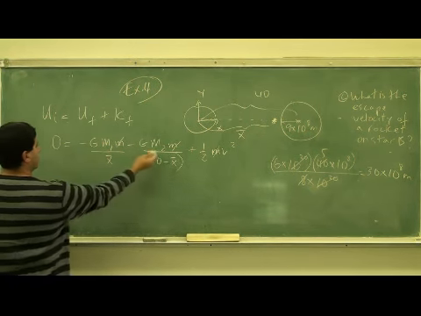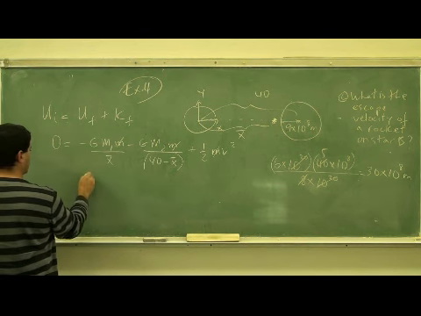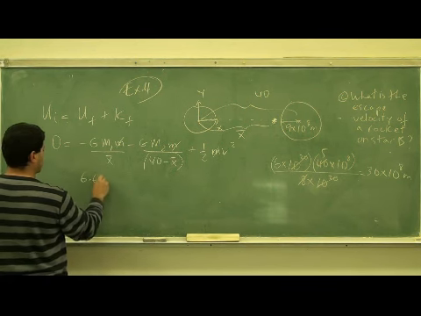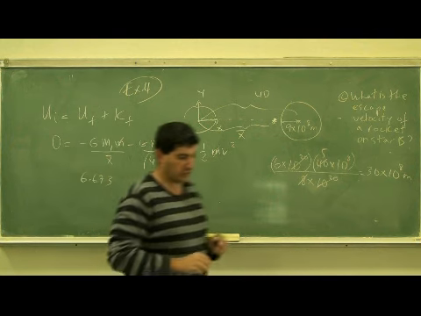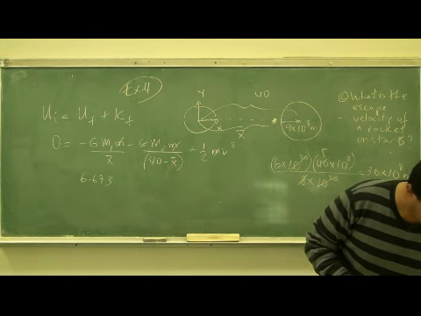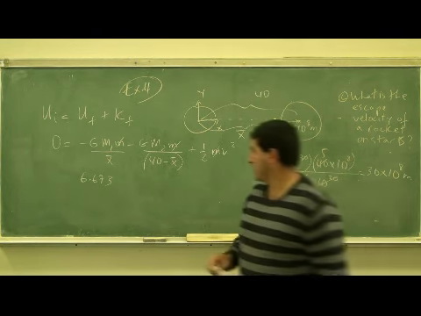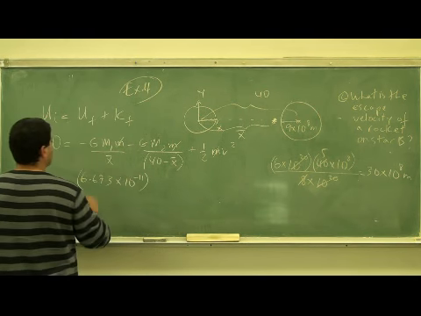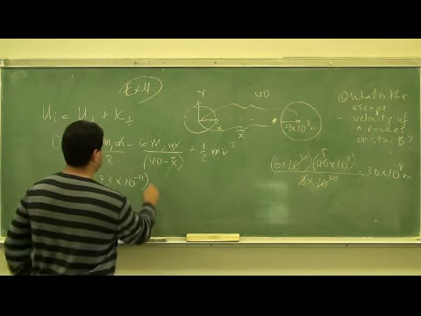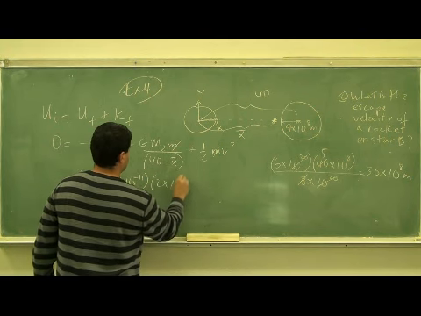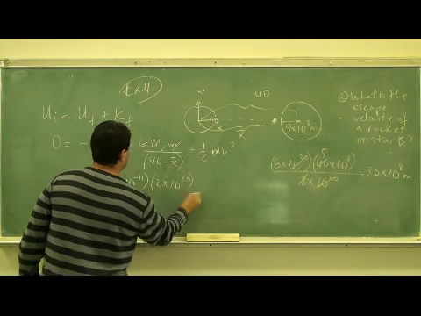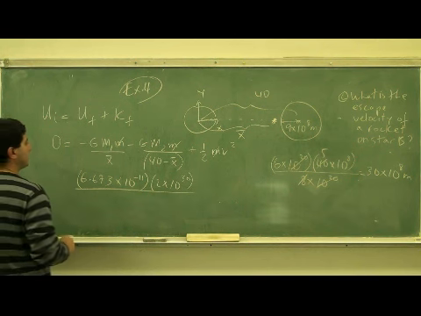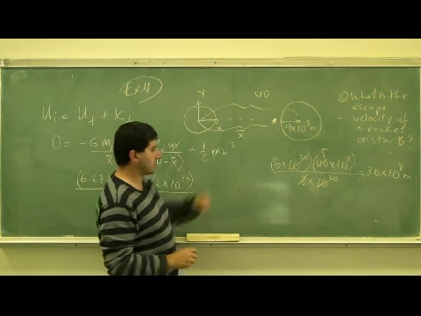And you're left with 6.673 times 10 to the minus 11, and you have the mass of star 1, 2 times 10 to the 30th, divided by the x, which is 30 times 10 to the 8th.